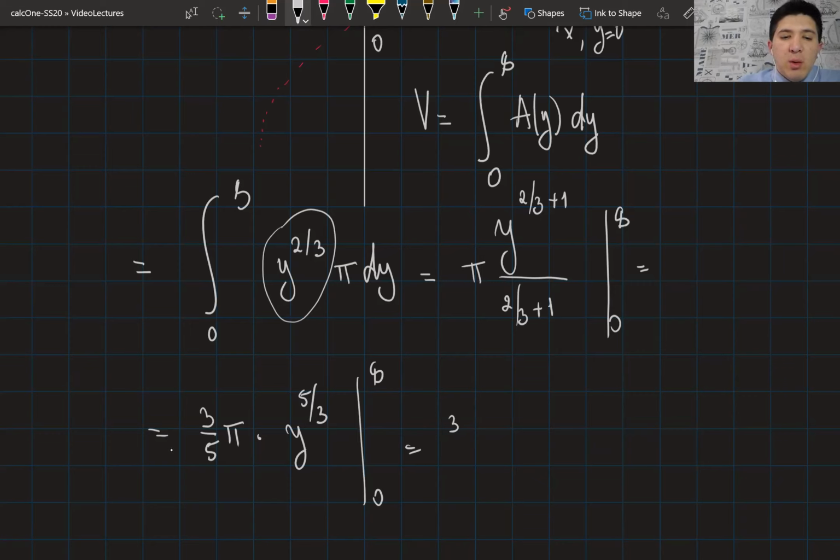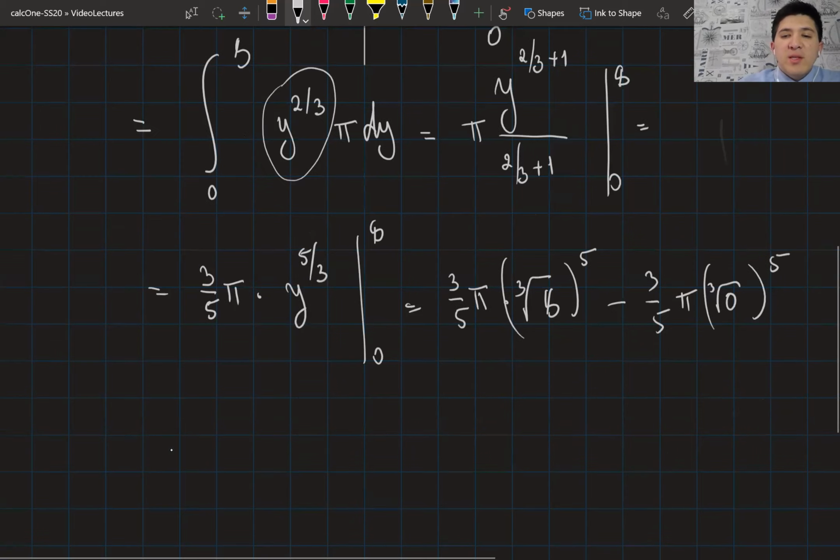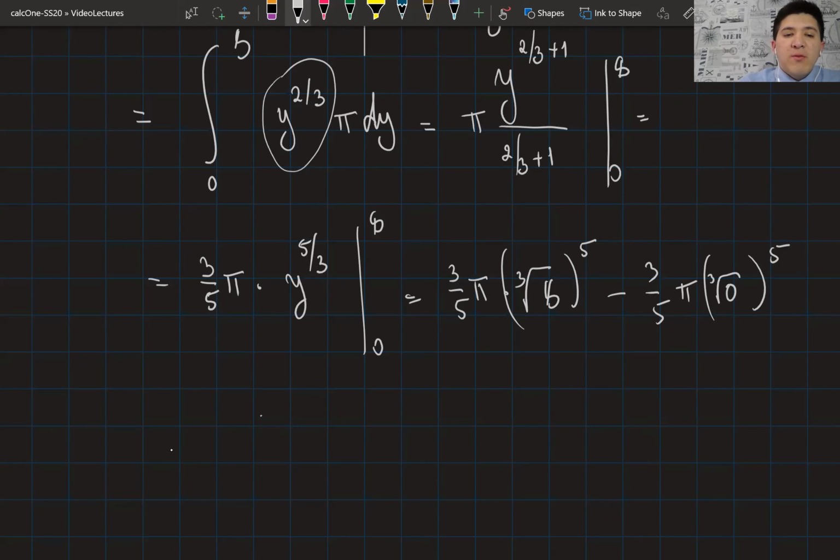It's going to be 3 over 5 pi multiplied by the cubic root of 8 to the power of 5, minus 3 over 5 pi times the cubic root of 0 to the power of 5. The second term is equal to 0. In the first term, the cubic root of 8 is equal to 2. 2 to the power of 5 is 32. 32 multiplied by 3 is going to be 96 over 5 multiplied by pi.